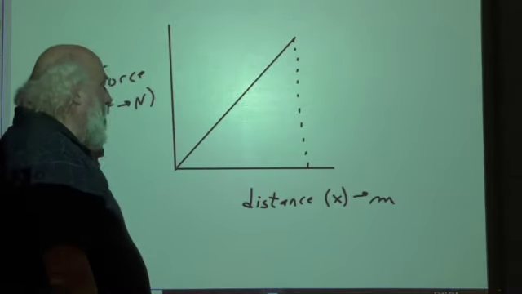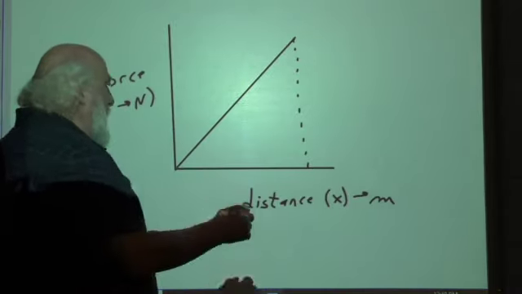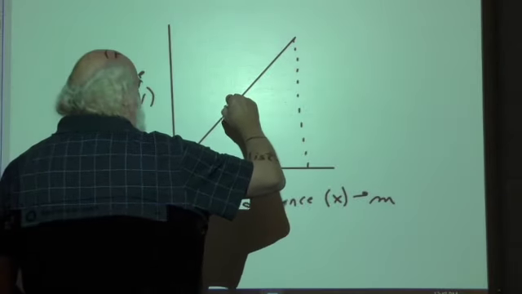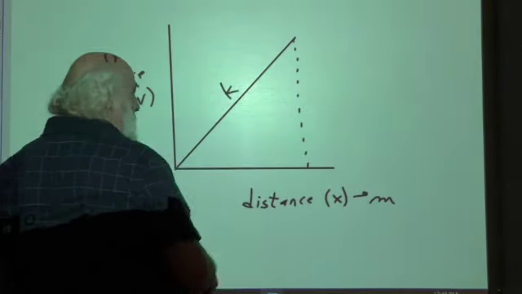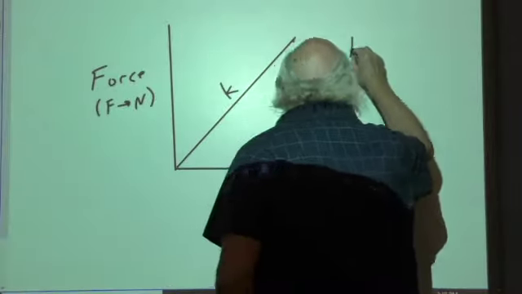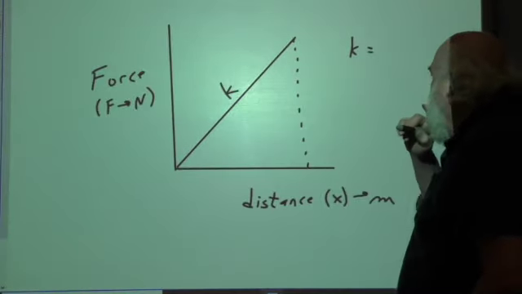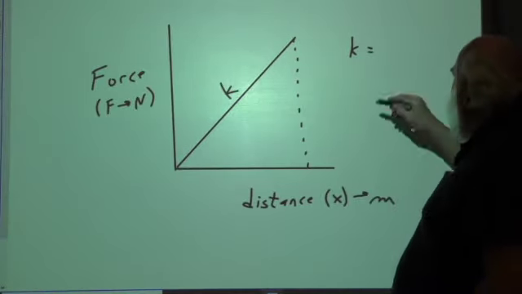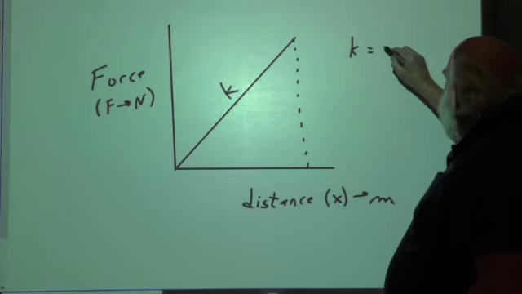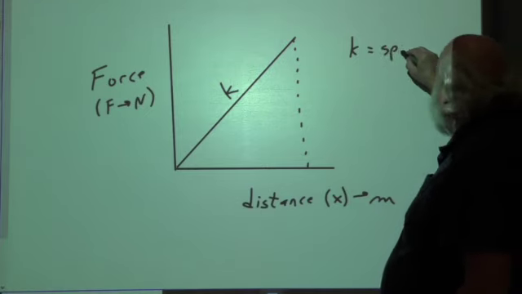Okay? Now, it turns out that the slope of this is our k. Remember, k we said is the spring constant.